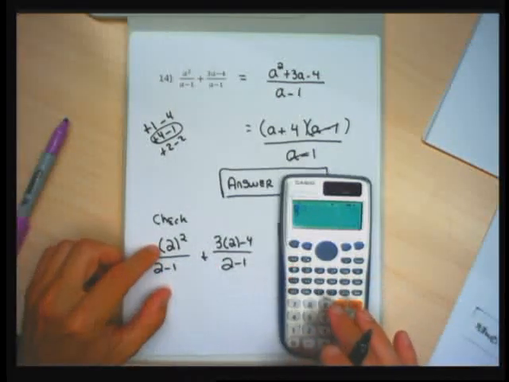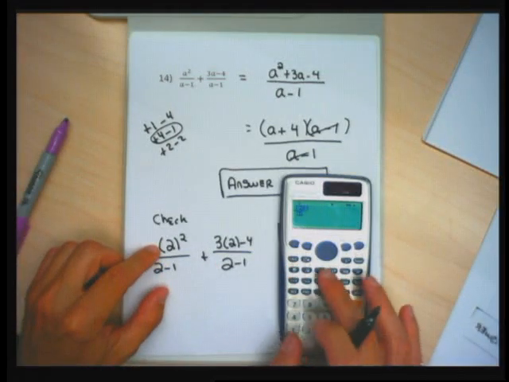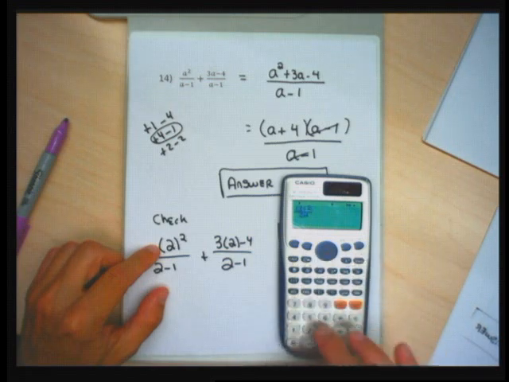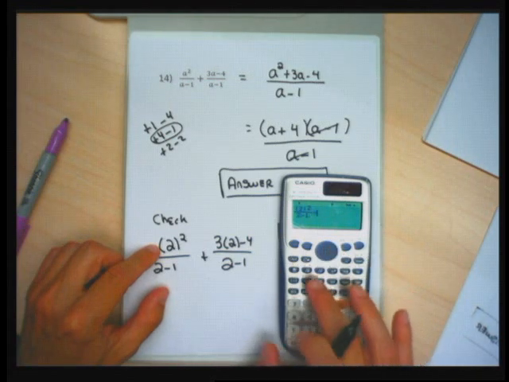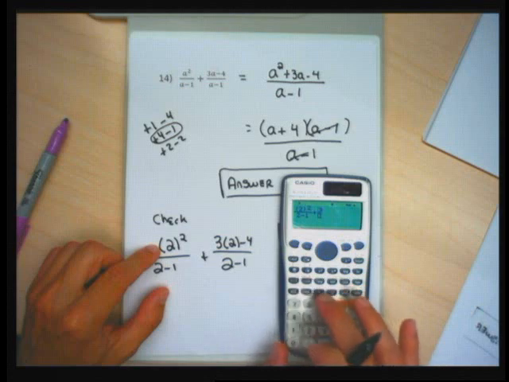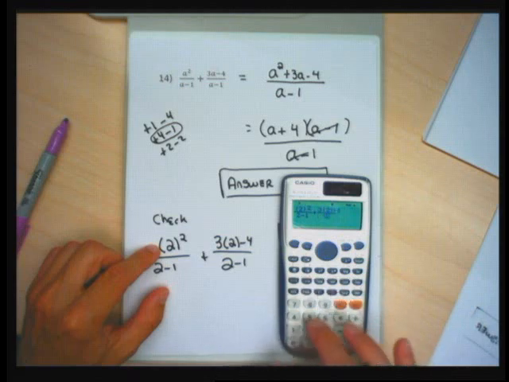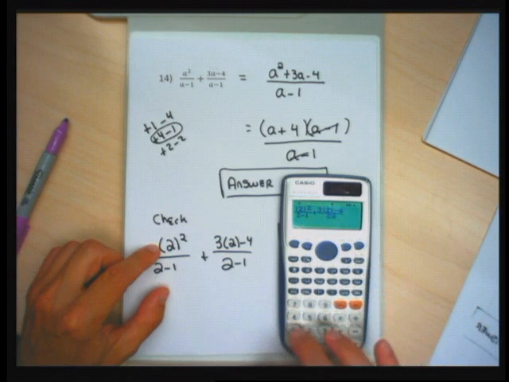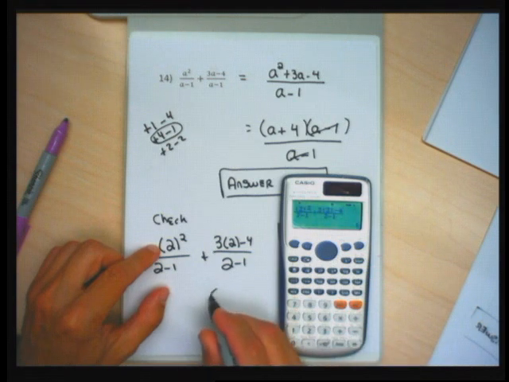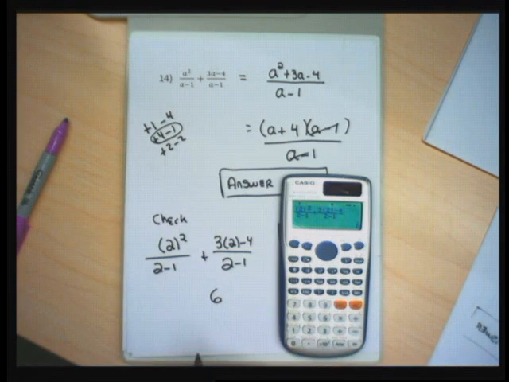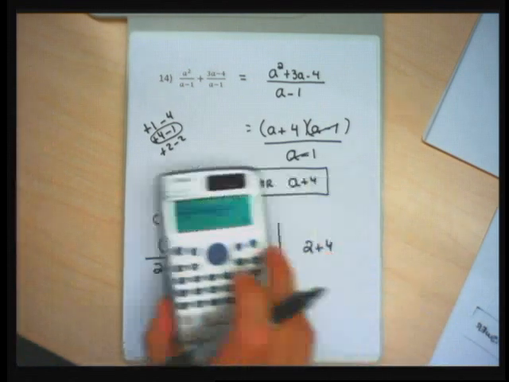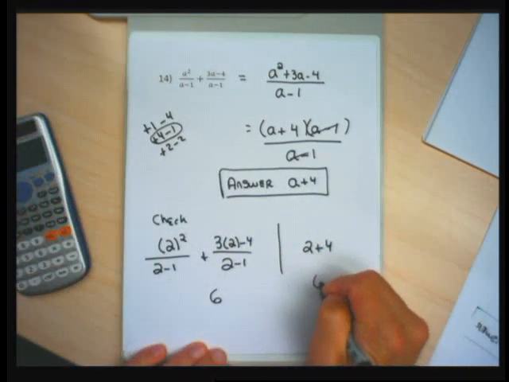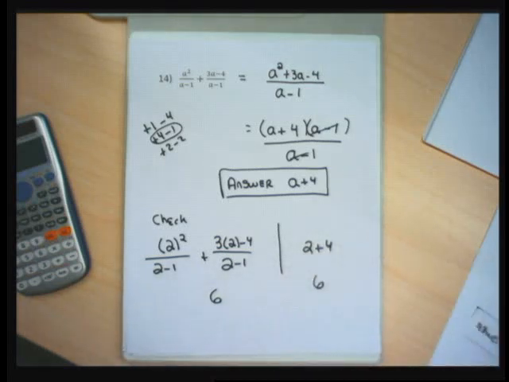So checking the original problem, 2 squared over 2 minus 1 plus fraction 3 times 2 minus 4 over 2 minus 1, I get 6. Means if I get 6 when I plug in 2 for x into my answer, I feel good about my work. And I'm not even going to use my calculator. That's silly. 2 plus 4 is just 6. So my answer, I've checked it the best I can.